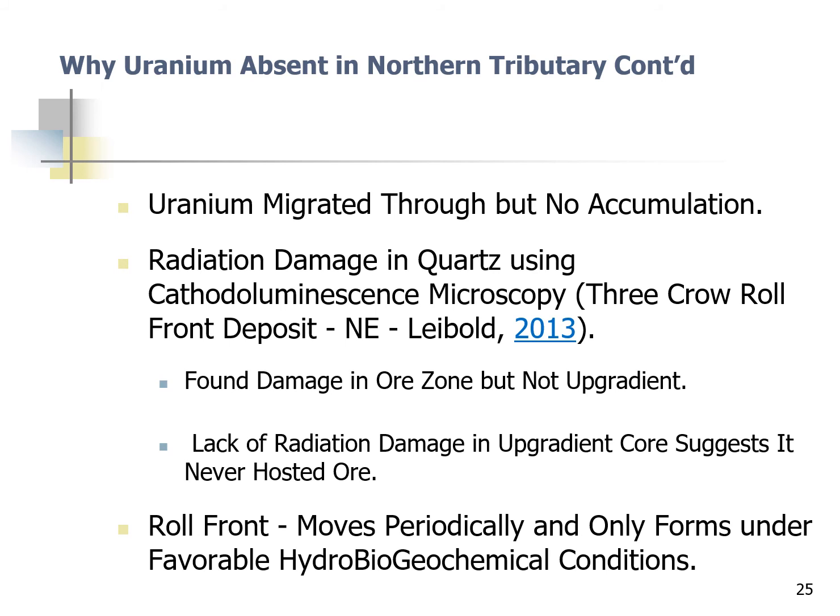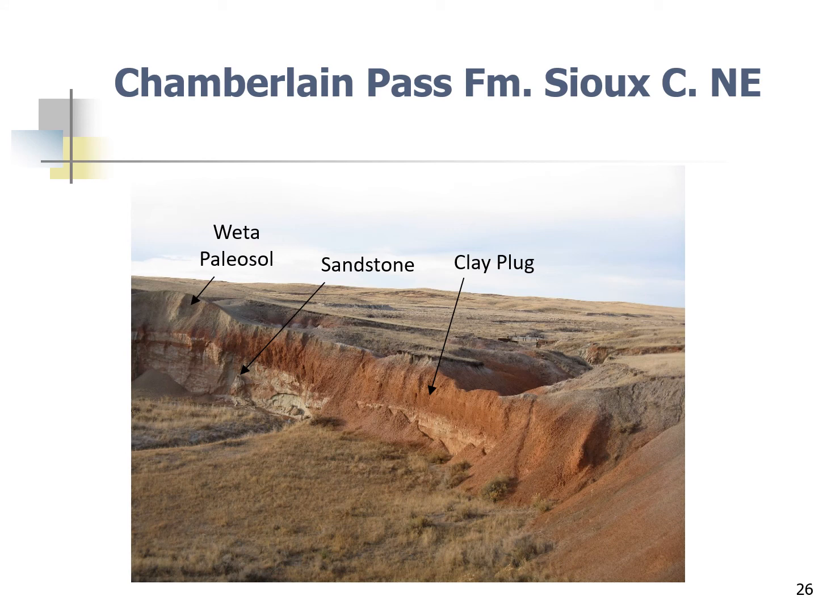This is that outcrop that we were discussing, which has no uranium mineralization present. We have the Weta paleosol, which is equivalent to the interior paleosol. It is hydromorphic in nature, it has both oxidizing and reducing indications.